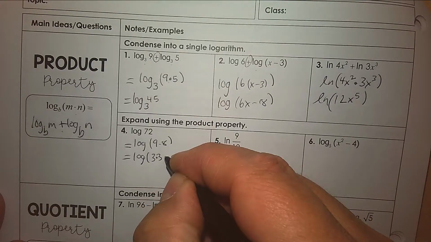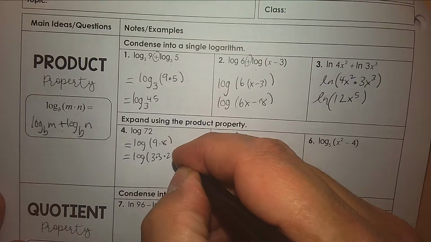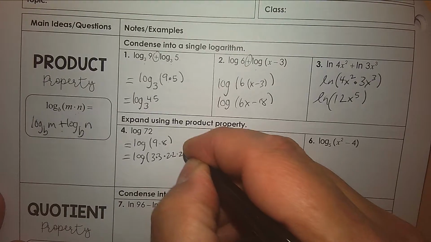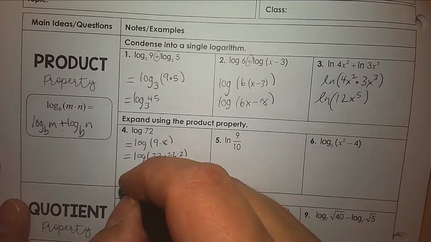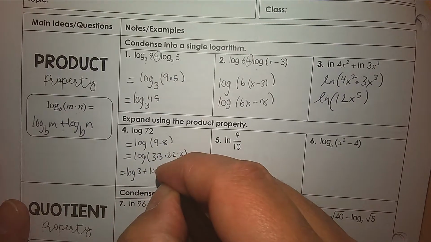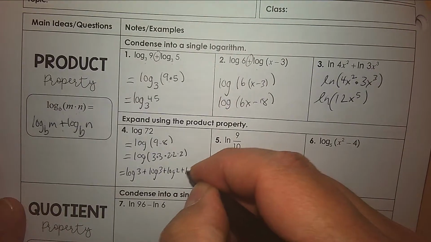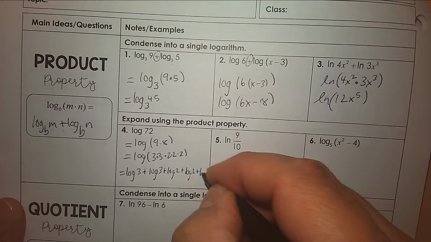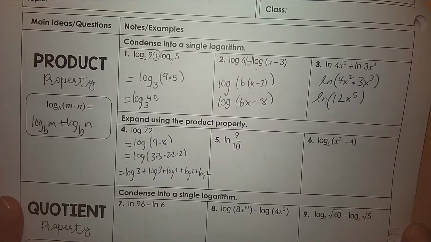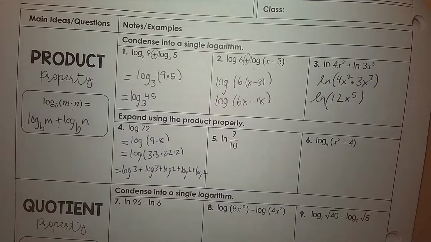And then what multiplies to 8? 2 times 2 times 2. So this could be expanded as log 3 plus log 3 plus log 2 plus log 2 plus log 2. So if you're multiplying inside, how can I expand it? By adding.